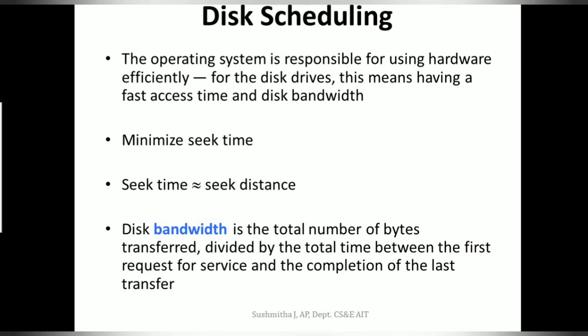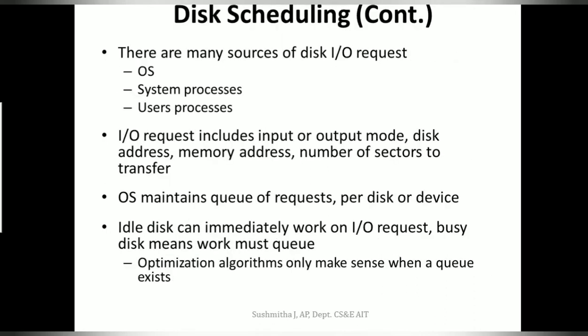Now, from this queue, how do we satisfy the requests? How does the operating system choose the request, and how do we service it next? The algorithm that decides which request to pick up is what disk scheduling algorithms are all about. Let us look into them one by one.